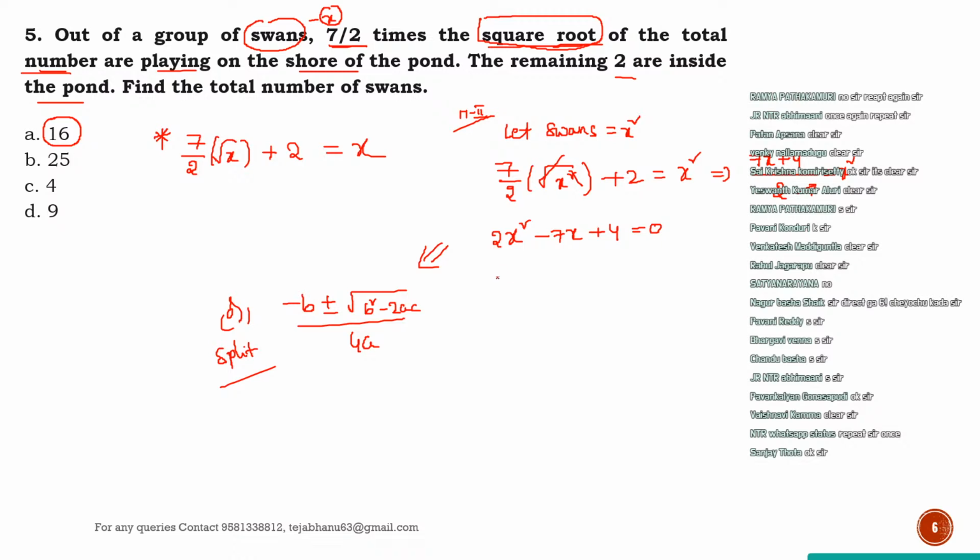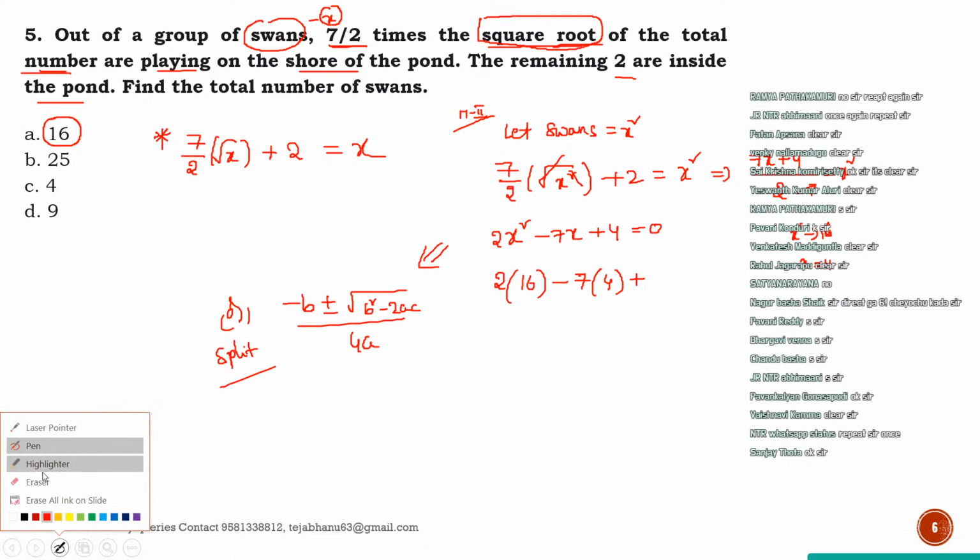Option A: 2 into x square we have taken, that is 16, minus 7x. X means it is 4. X square is 16, so x becomes 4. Next, have a look. This should be minus, right?